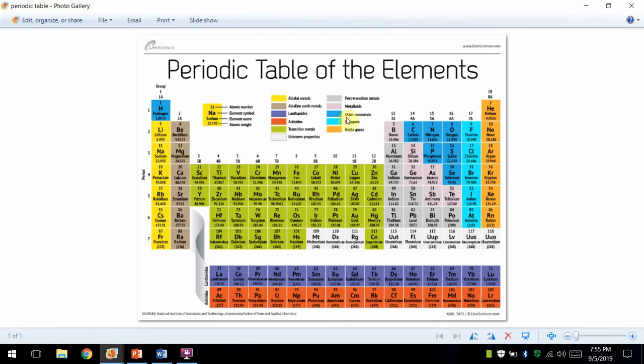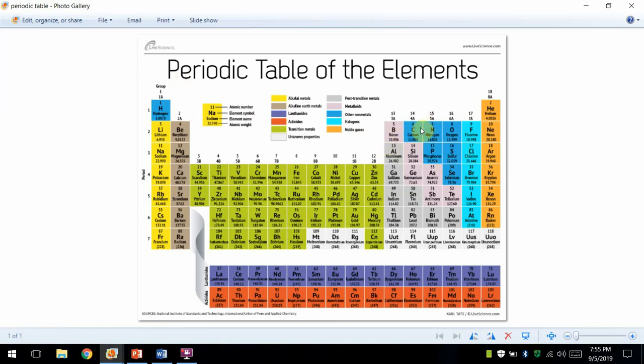And the alternative that we're going to talk about is when nonmetals like carbon and oxygen, and carbon and hydrogen, and carbon and chlorine react, you get covalent compounds.